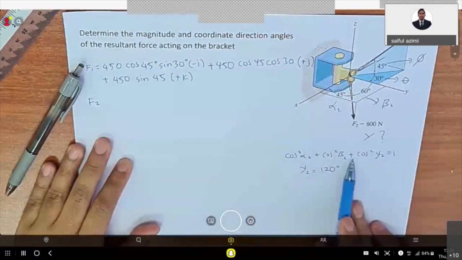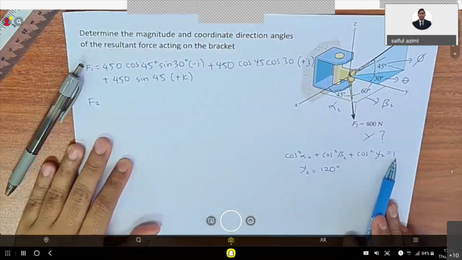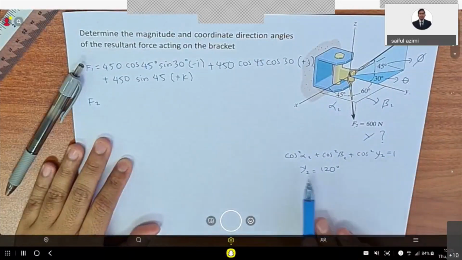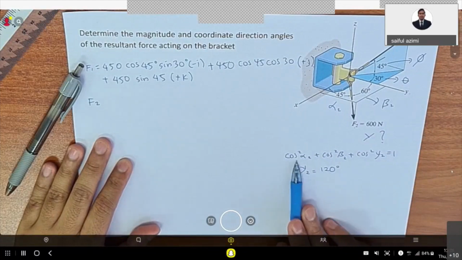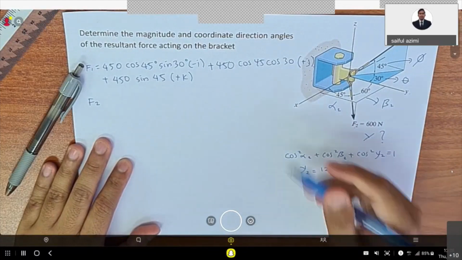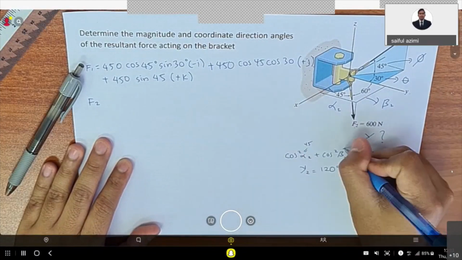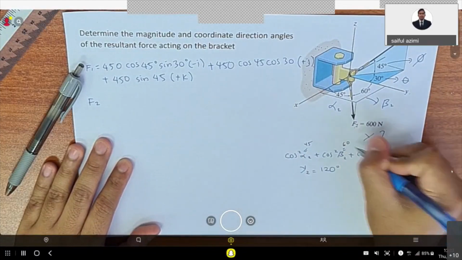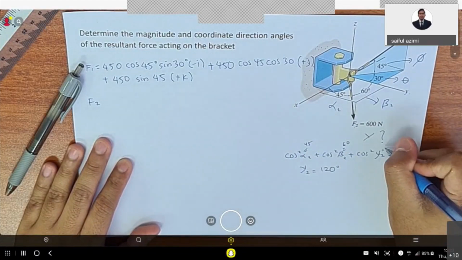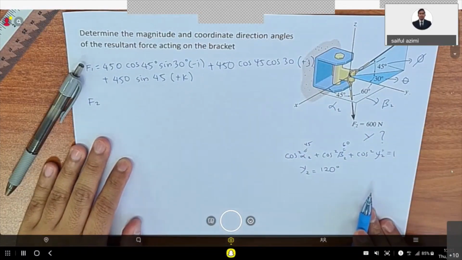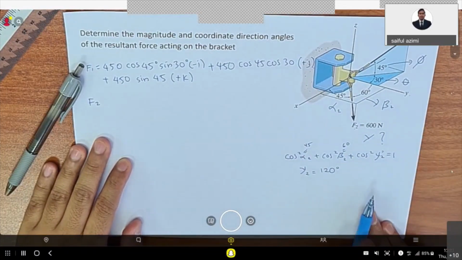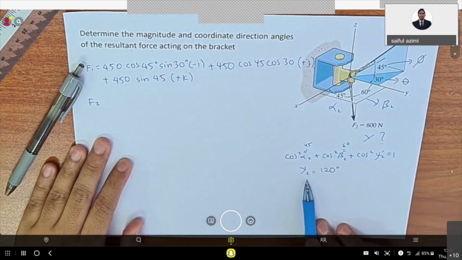Eventually you will get gamma 2 equals 120 degree after solving this formula, because you already have alpha 2 equals 45 and beta 2 equals 60, and you just need to find gamma 2.